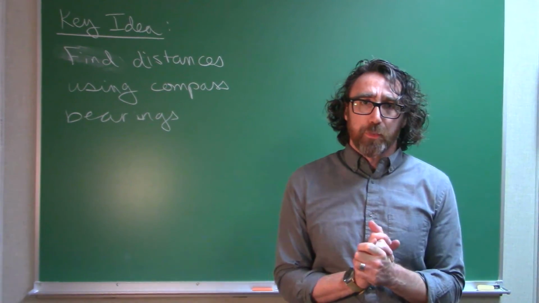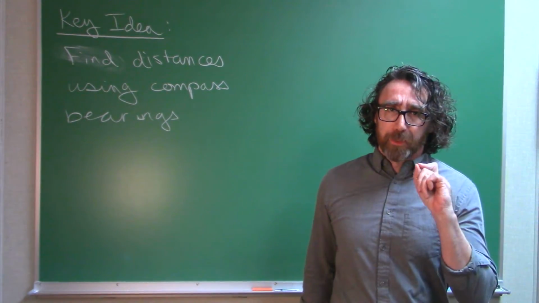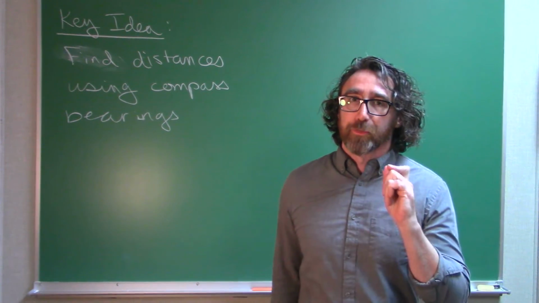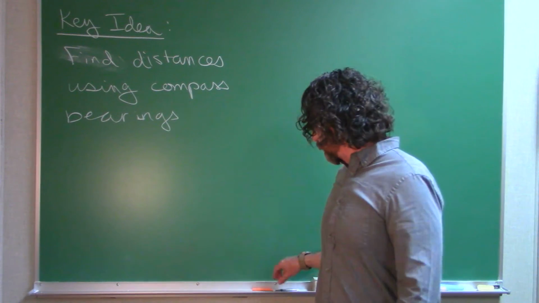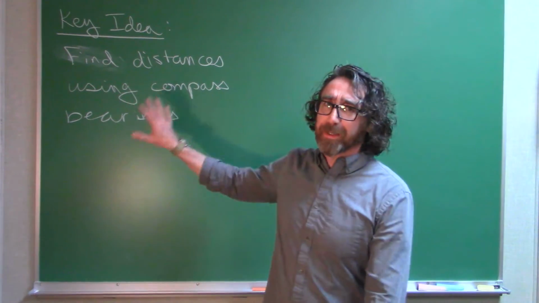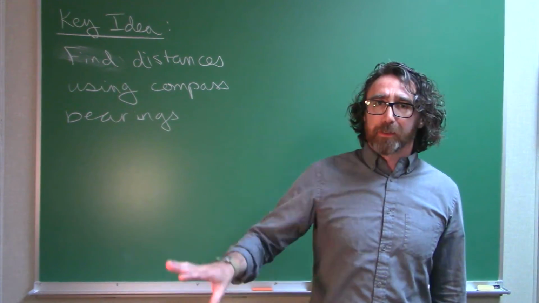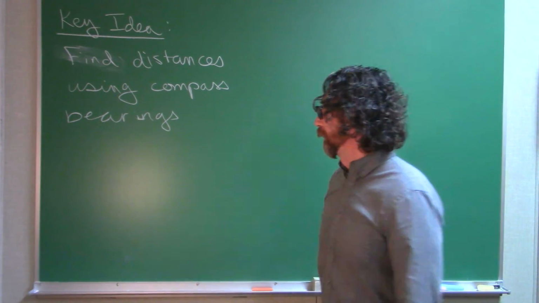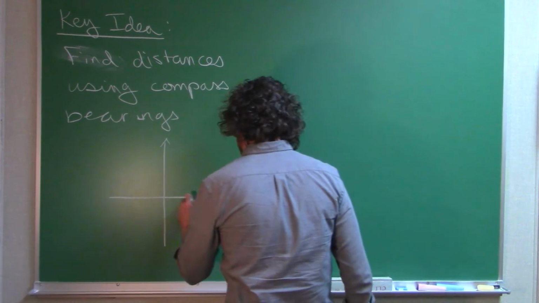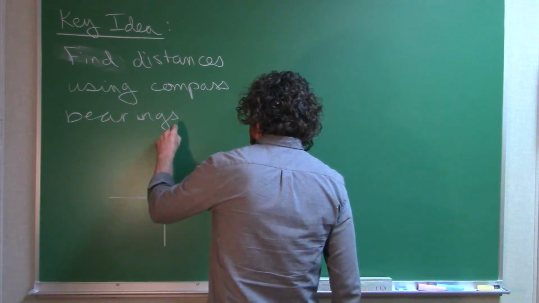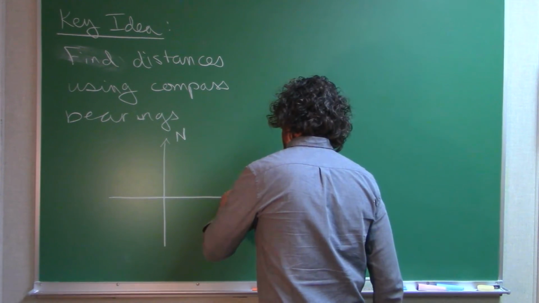I wanted to do one more video about some applications. Now this one's a little bit different. This is applications of finding distances using compass bearings. Okay, so we're going to imagine that we're kind of looking at a map here.